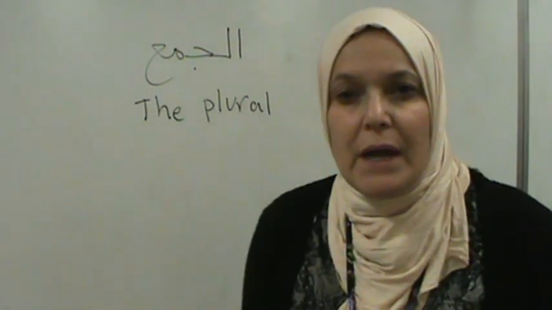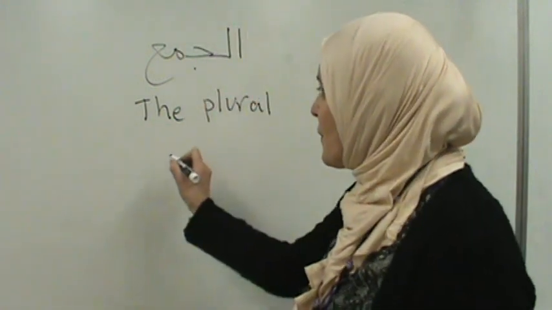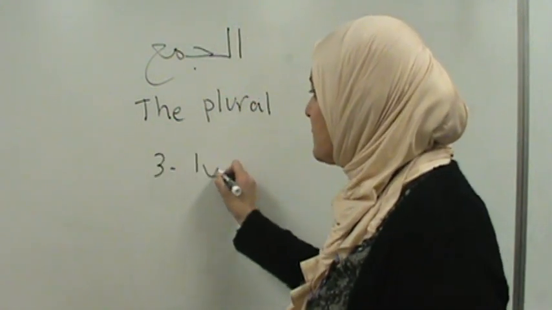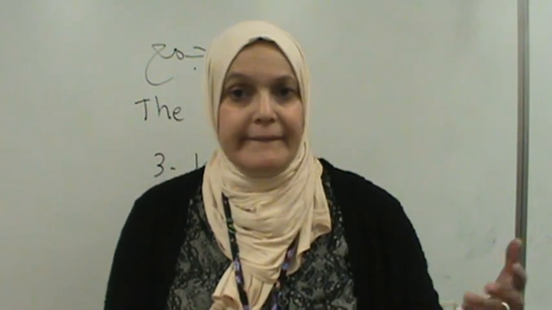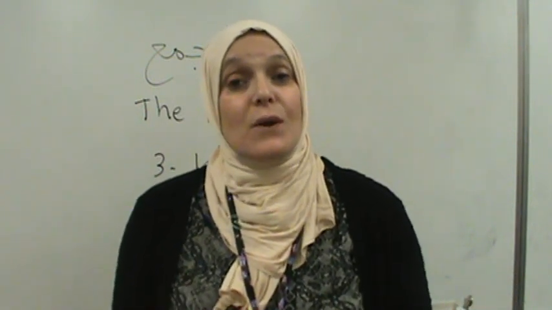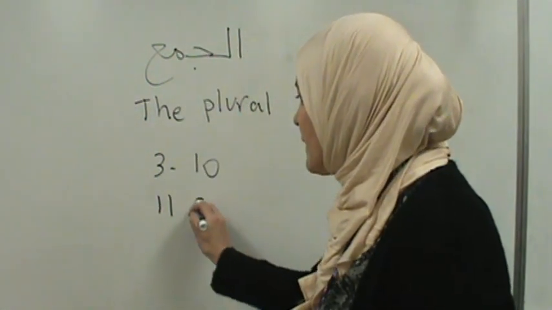is kind of complicated, but the good thing about the plural in Arabic is we use it from 3 to 10. So remember, 3 to 10, meaning if you have 3 things, or 4, 7, 8, 9, 10, but once you are in 11, you need to go back to the singular.